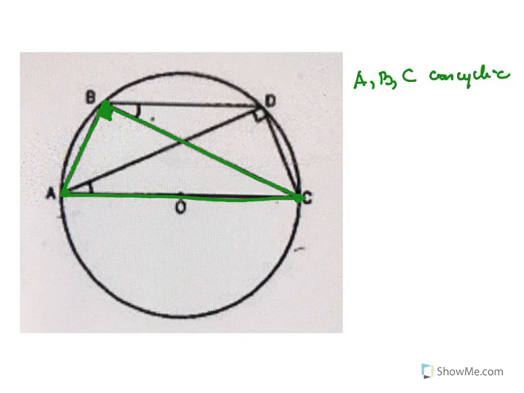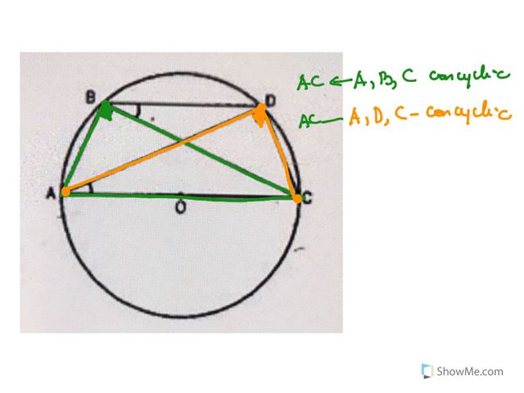concyclic. Then we had another right angle triangle, and that right angle triangle was ACD, and here too this was 90. So I could say now that ADC is concyclic. Now ABC is concyclic, and for ABC the diameter we saw was AC, and for ADC also the diameter is AC.